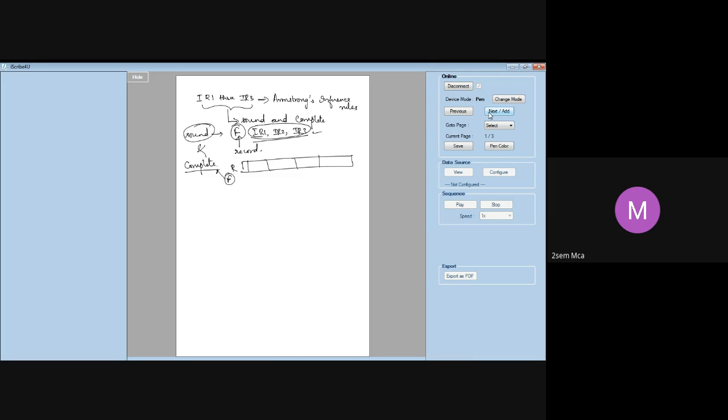They are said to be sound and complete. Sound means whatever dependency you derive will hold for all the instances of the table. Complete means given a set F of dependencies, you will be able to derive the complete set of all possible dependencies. Whatever you can infer from R, you will be able to do using IR1, 2 and 3. So that's why it's called sound and complete.